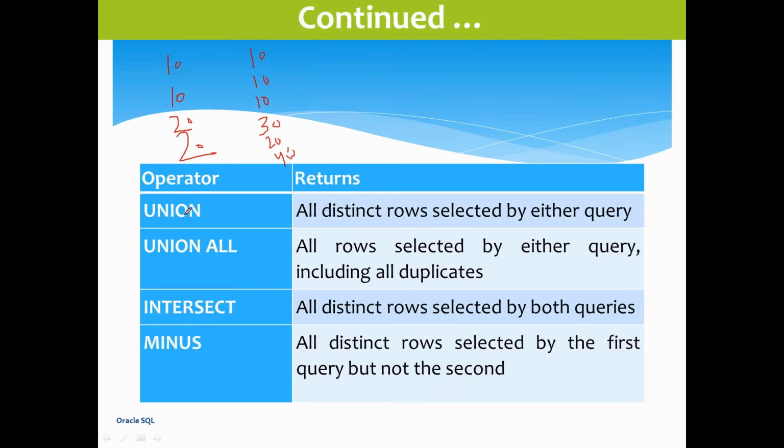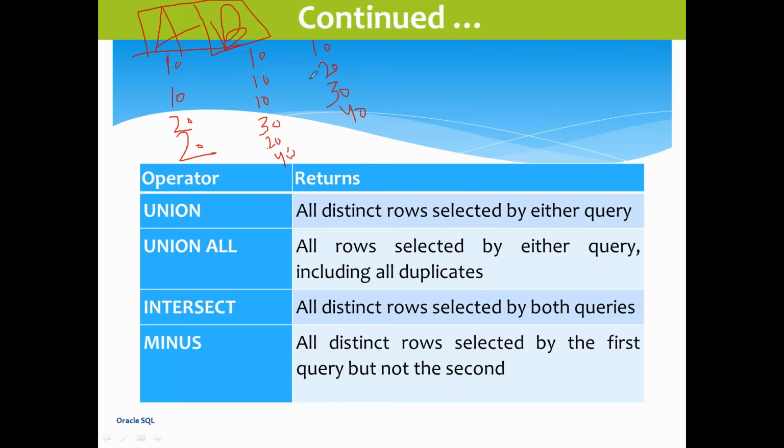Whenever we use A union B, where this is table A and this is table B, it will take both sets of data from the different tables and display them uniquely. 10 appears 5 times across both tables, but only one time it will be taken. 20 appears 3 times, but only one time it will be displayed. 30 appears only one time, and 40 one time.